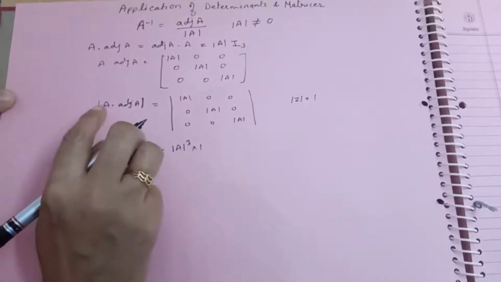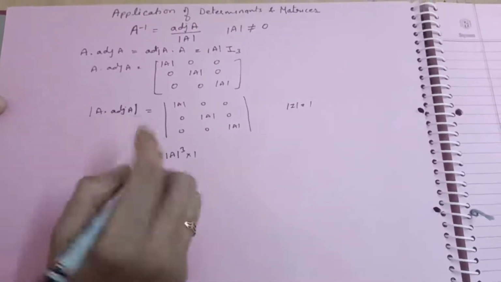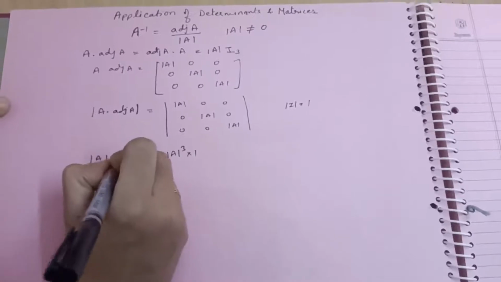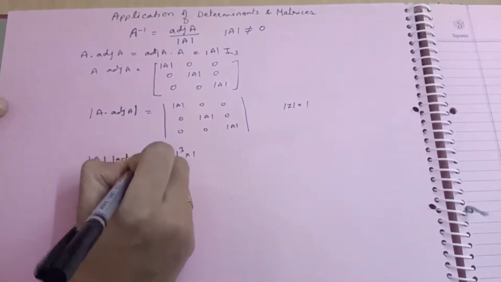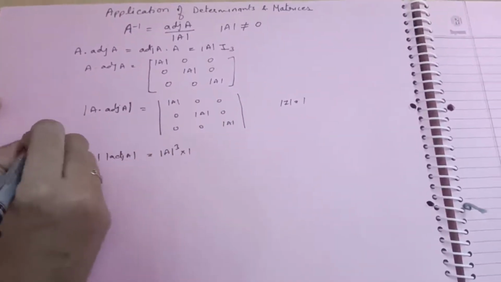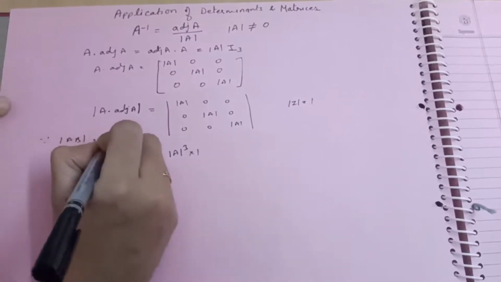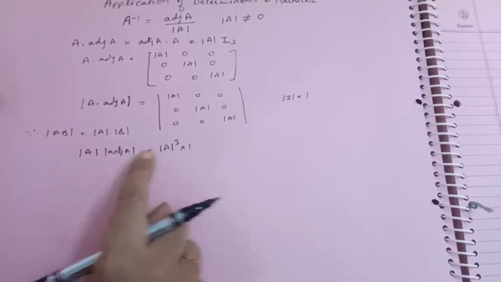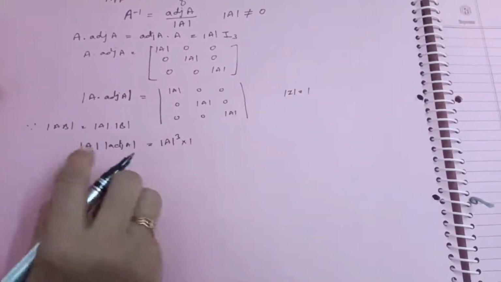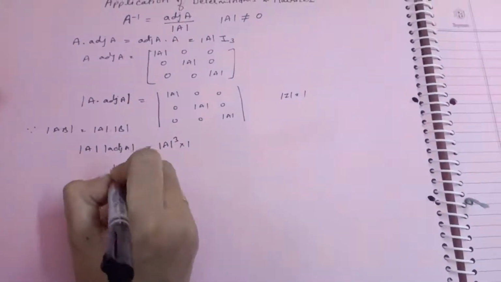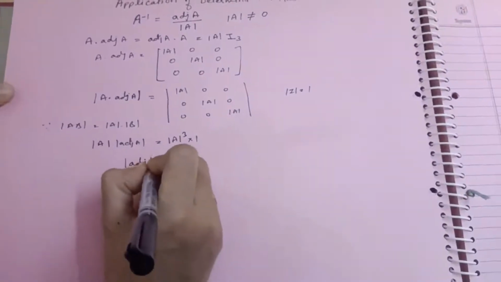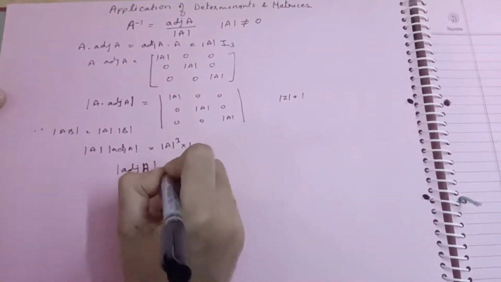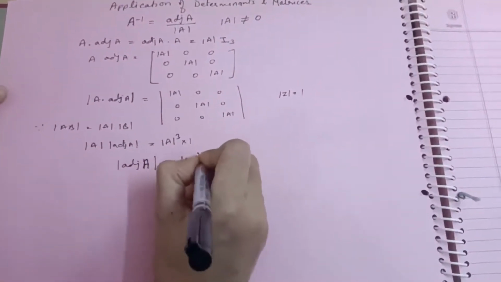Now we have studied that the determinant of AB is the determinant of their product. So determinant A times determinant of adjoint A equals determinant A cube. When you divide, determinant of adjoint A is determinant A square.